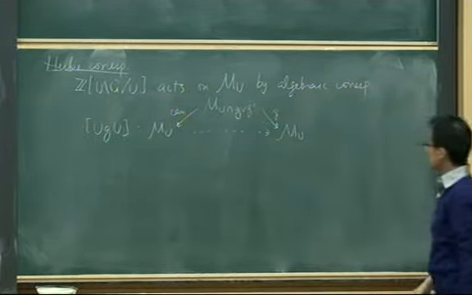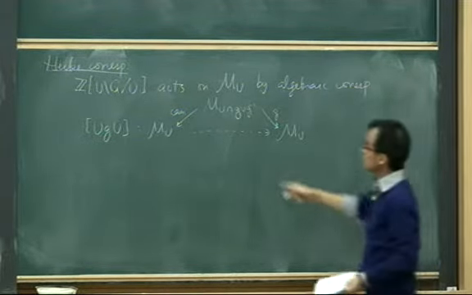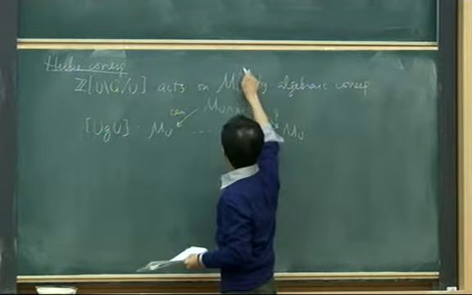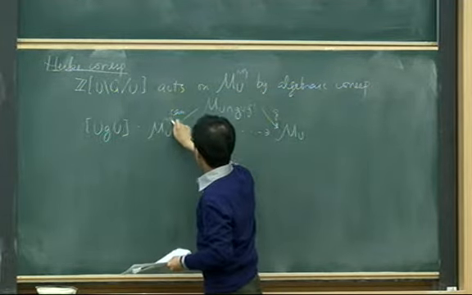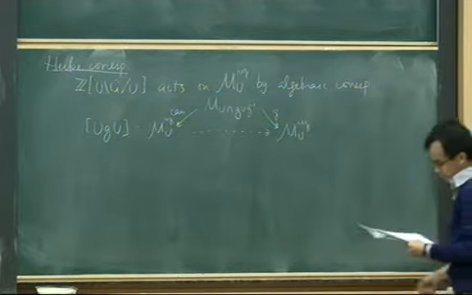An algebraic correspondence is just a pair of maps like that. Maybe I'll just think of this over rig at this point, because I don't really care about the formal model.